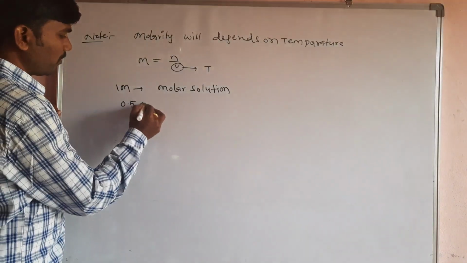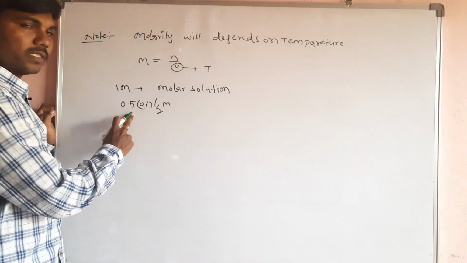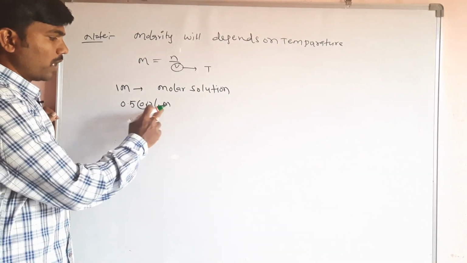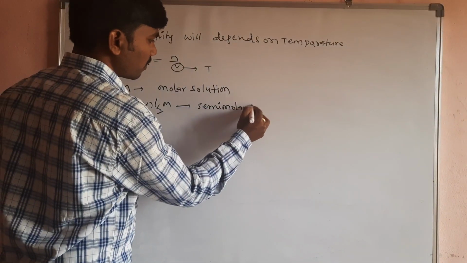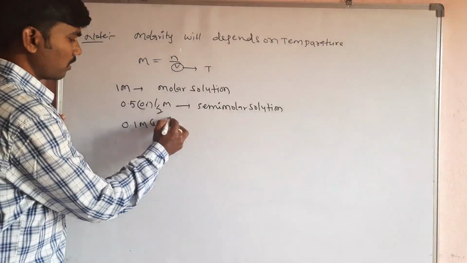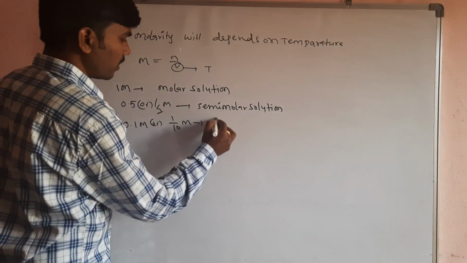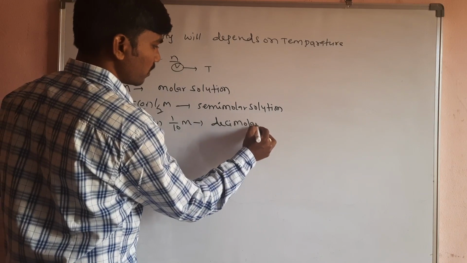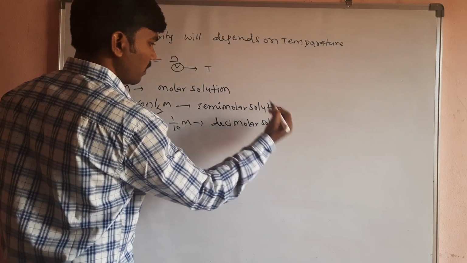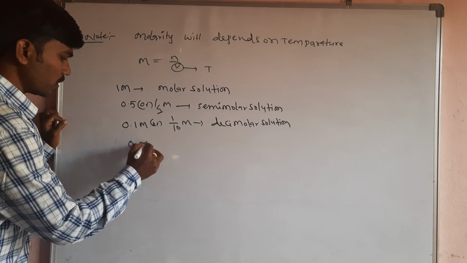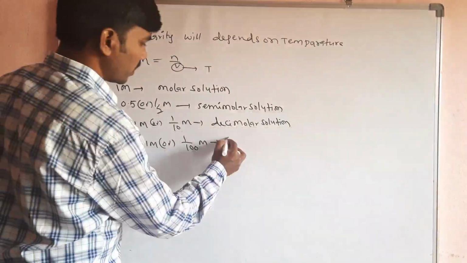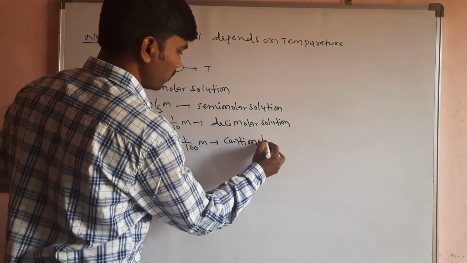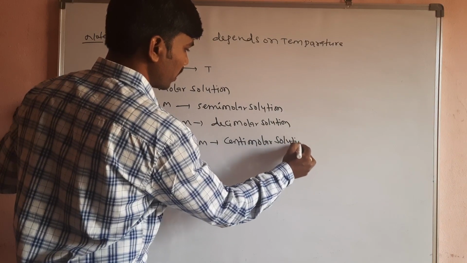If the solution molarity is 0.5 M or 1/2 M, that solution is called a semi-molar solution. If the molarity is 0.1 M or 1/10 M, we call it a decimolar solution. If it is 0.01 M or 1/100 M, it is called a centimolar solution.